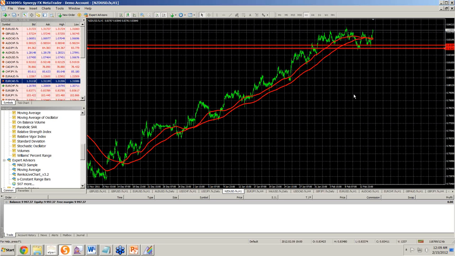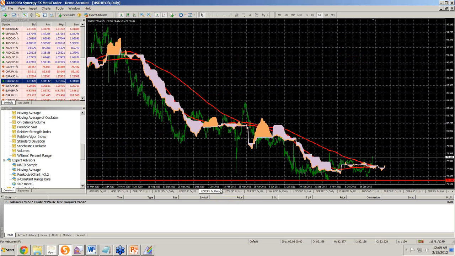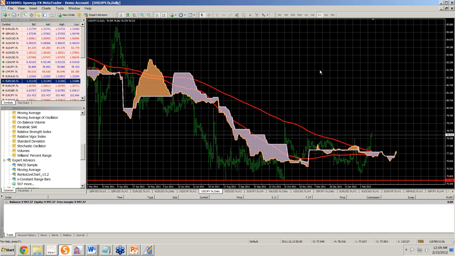So that's pretty much what you're looking at as far as technical indicators. We can look at a few other things. For example, you have your dollar yen daily chart, and you'll see the same type of scenario, your 100 and 200 period moving averages.